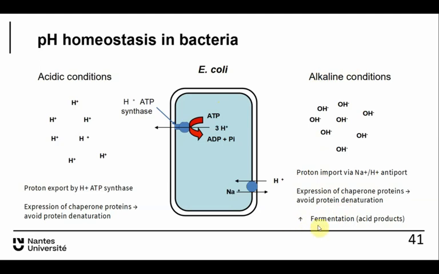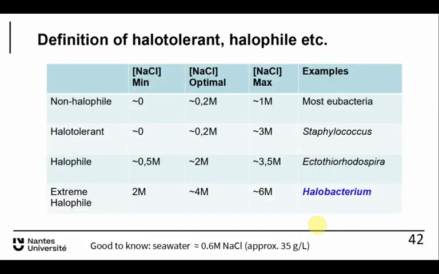And the other thing that bacteria can do to compensate for external alkaline conditions is to change their metabolism a little bit, produce more fermentation products which will tend to acidify the external medium. Okay, so that's pH regulation.